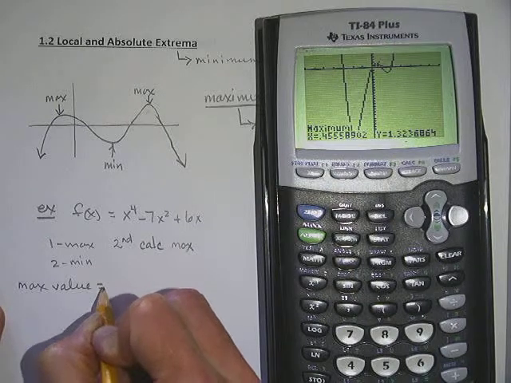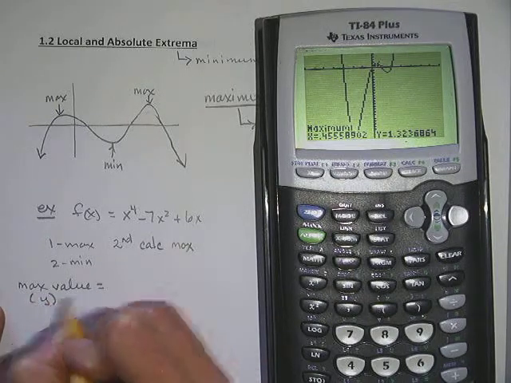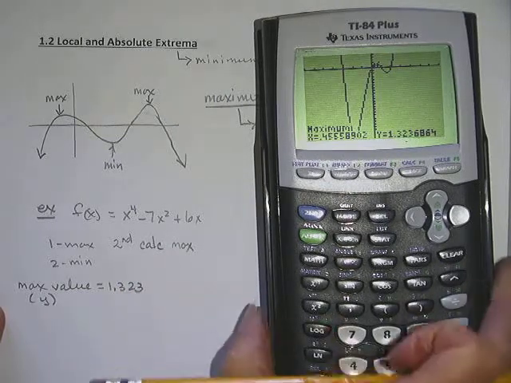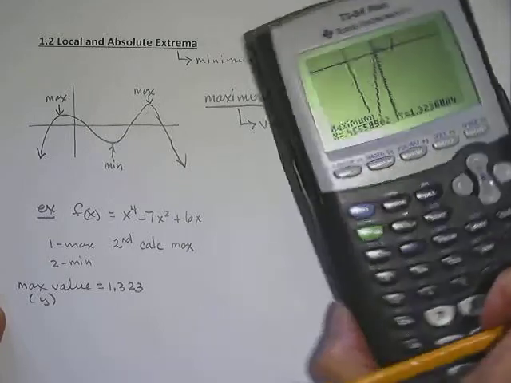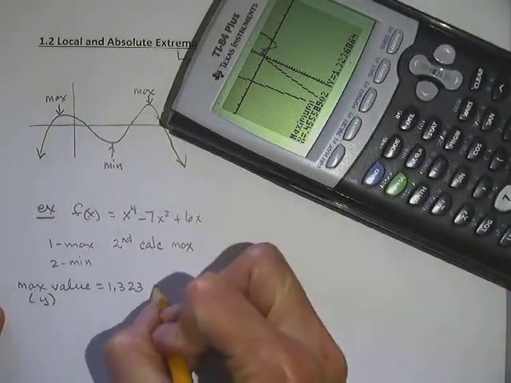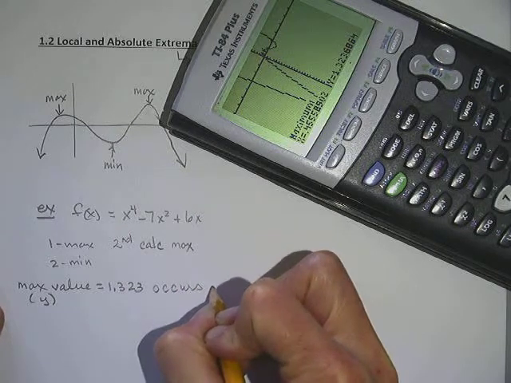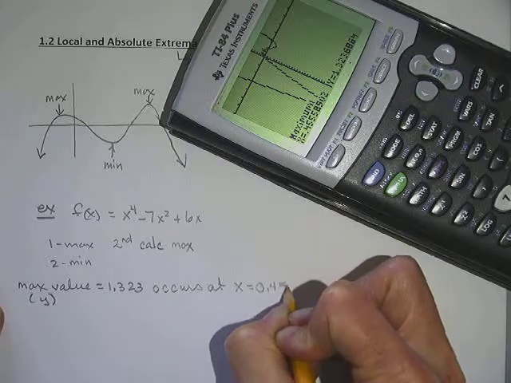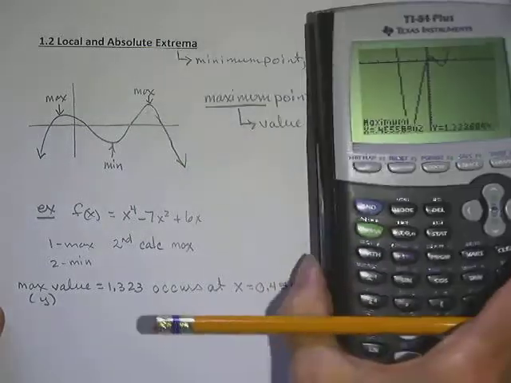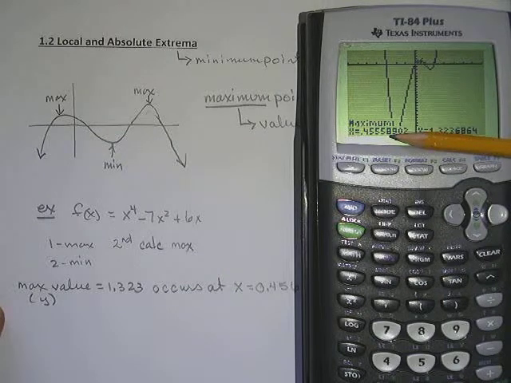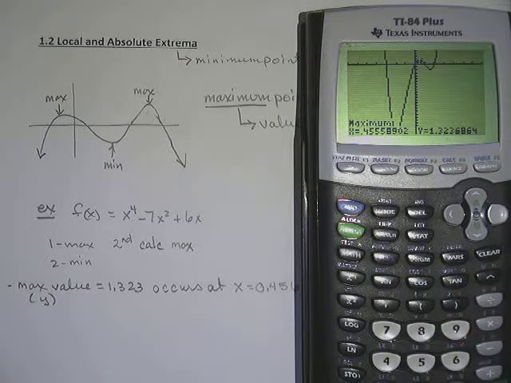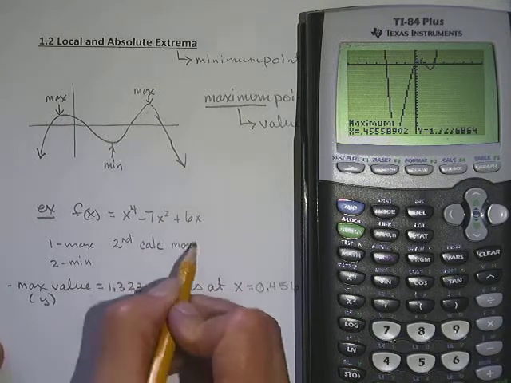So for this one, the max value equals, and that's your y value, 1.323, and what we're going to write down is that it occurs at x equals 0.456 if we round. So the maximum, this is where it occurs, and that is the maximum value right there. All right, that takes care of that one.